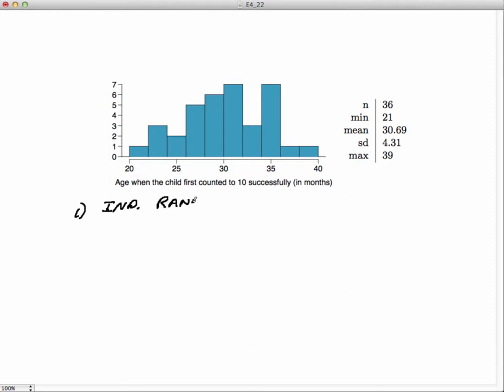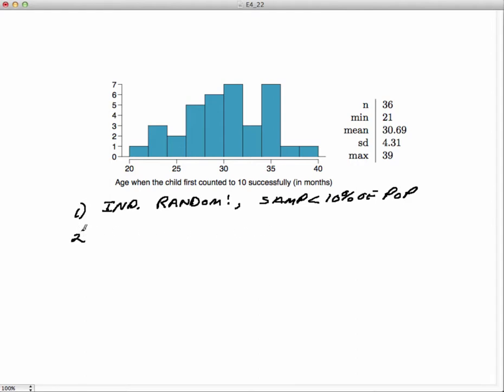And they told us in the statement of the problem that it was a random sample. So that works. And then the second thing is that the sample size is less than 10% of the population. And in many ways, that also gives us independence. At a certain point, you're starting to have some change in the probability of individuals being selected based upon that. Okay, so that's the first one.